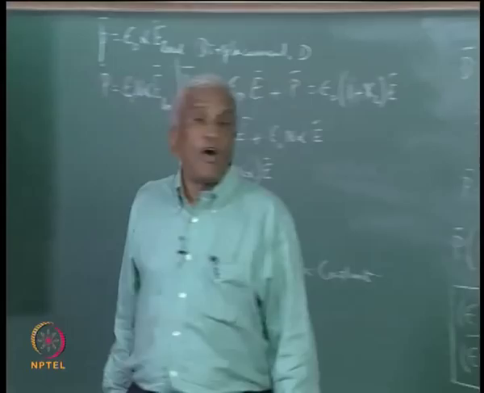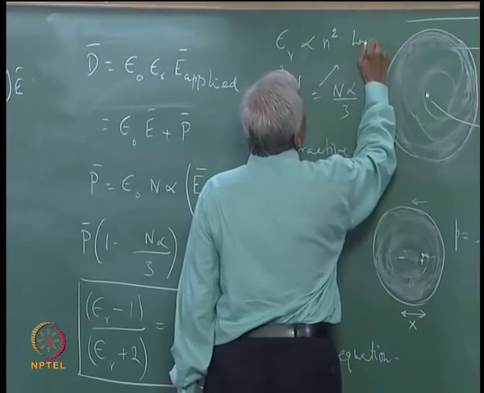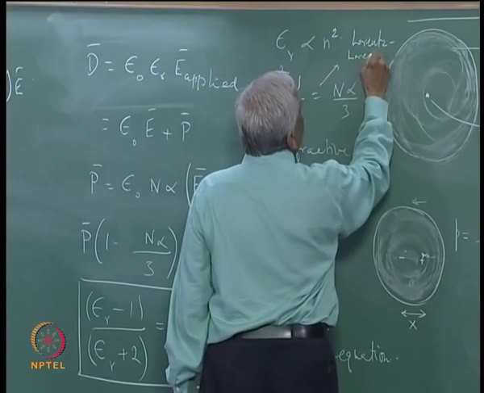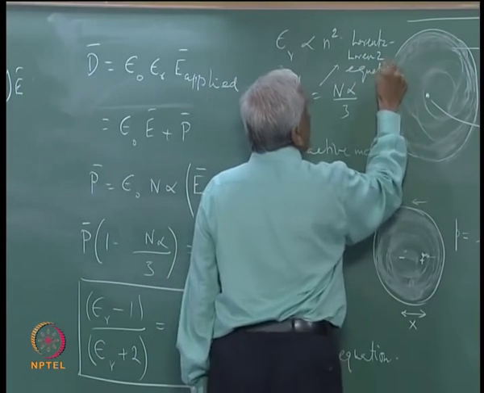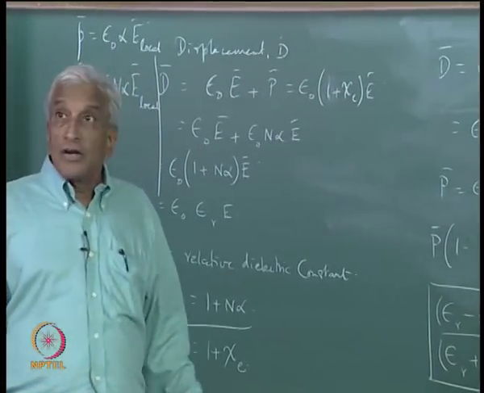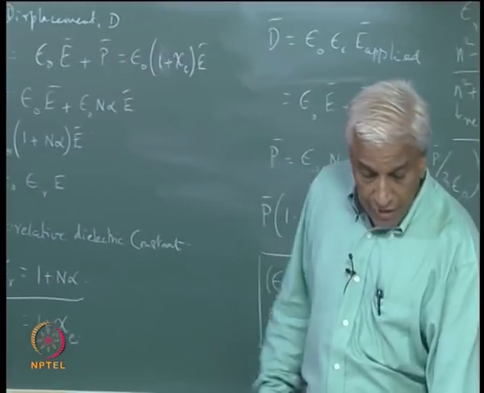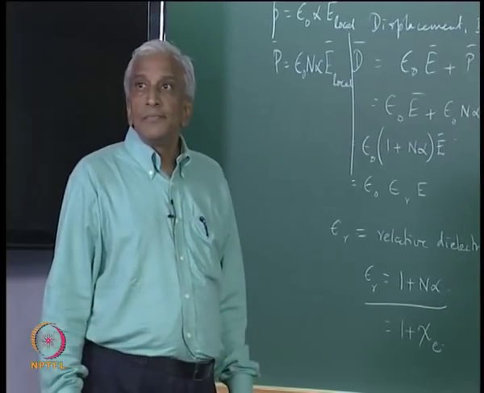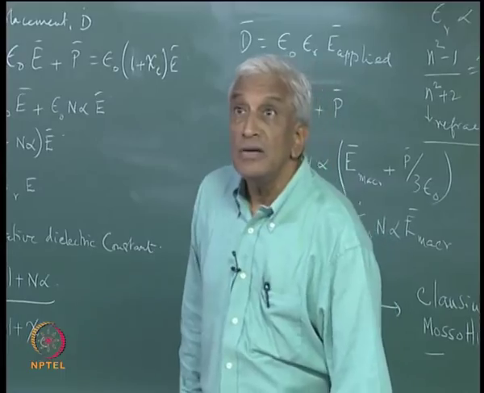In this form, this is known as the Lorentz equation. So, these are the basic equations which govern the relative dielectric constant and the refractive index in the case of condensed matter, in the case of solids.